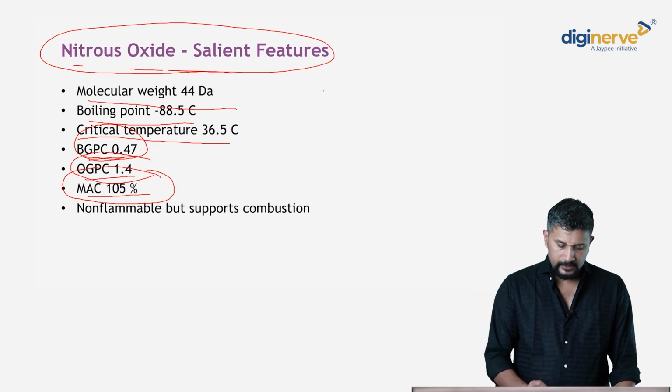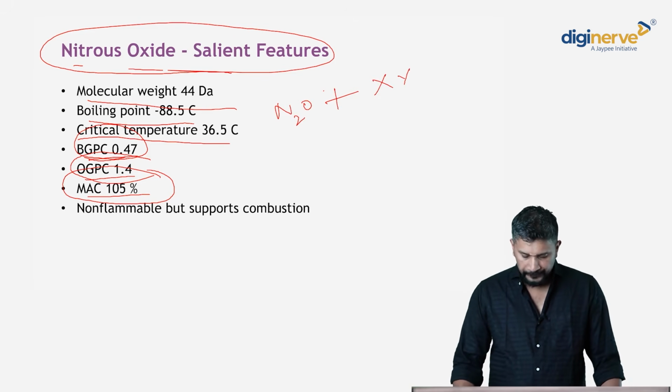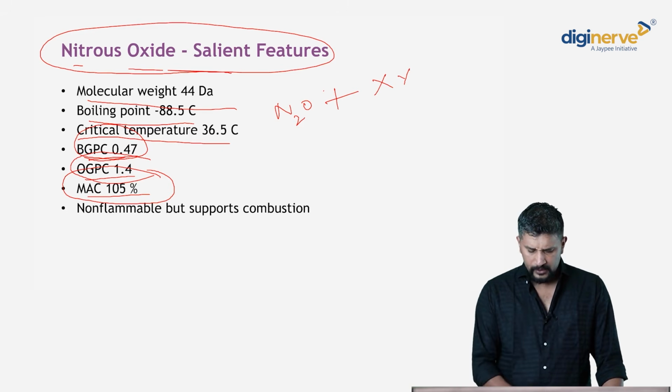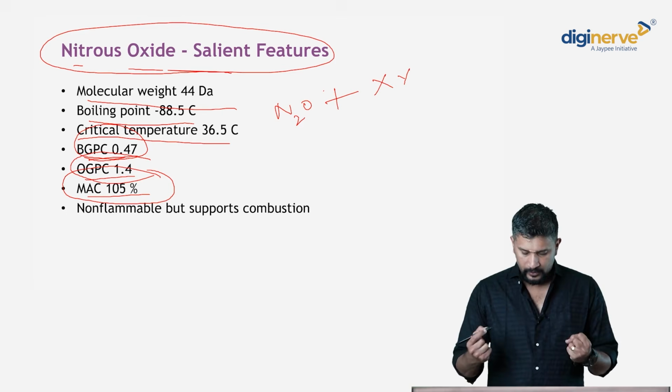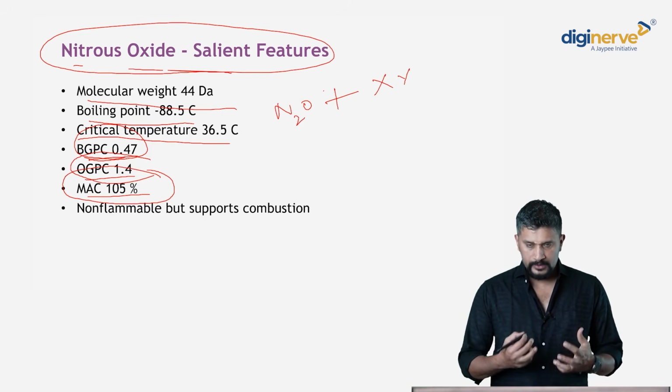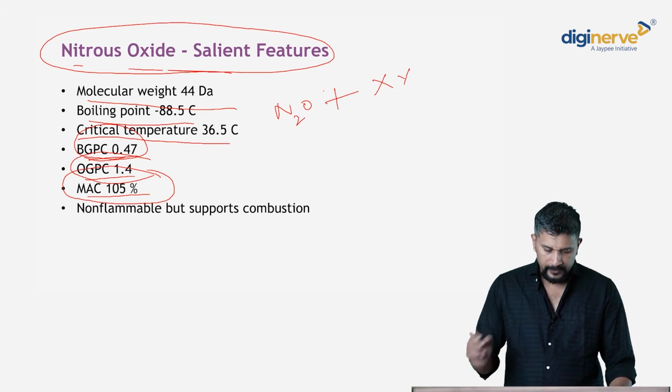So therefore, your nitrous oxide is often not used as a sole anesthetic. It is always used in combination with something else like your desflurane or sevoflurane. This nitrous oxide is used for its analgesic and anxiolytic properties in combination with oxygen, and this is commonly used in dental extractions and for labor analgesia.